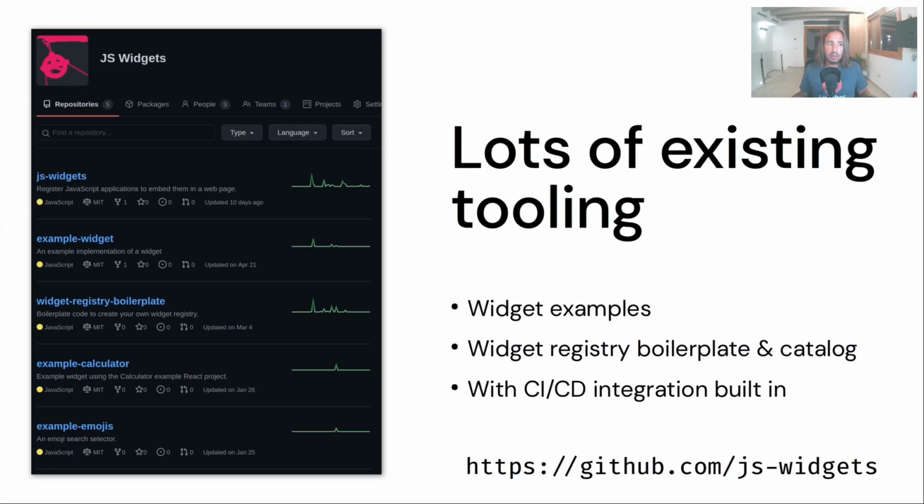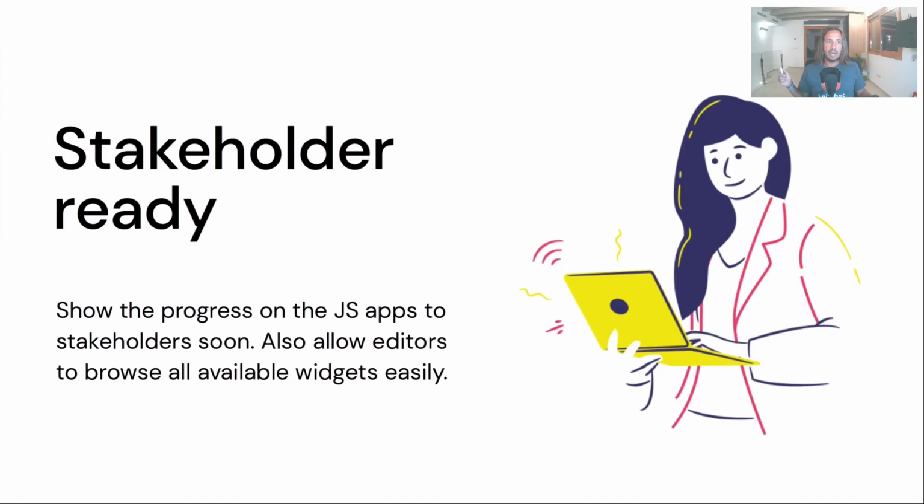But it also comes with a widget registry boilerplate, which is very interesting because it allows you to generate that metadata very easily. Just go there, fork it, and you'll get many niceties out of the box.